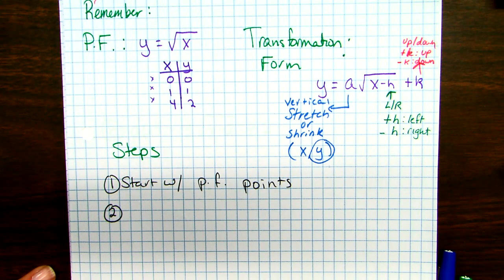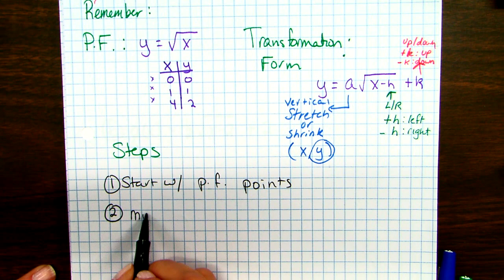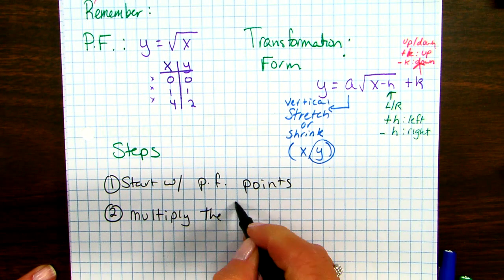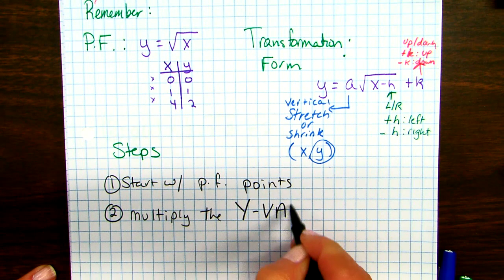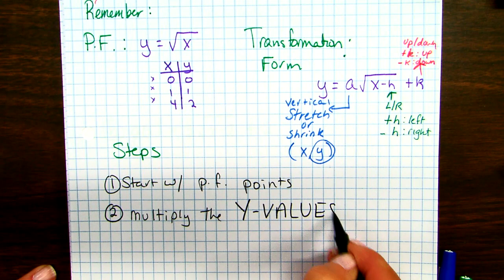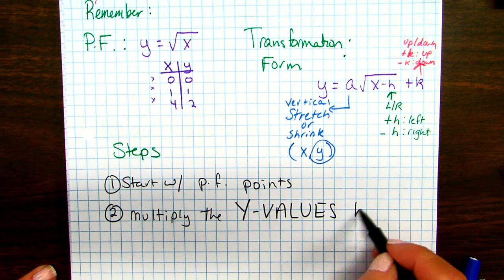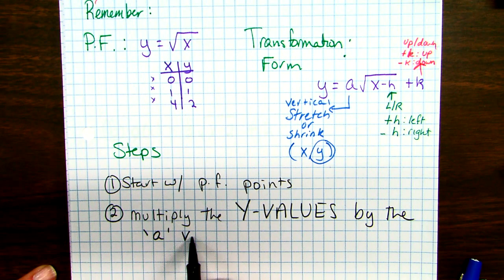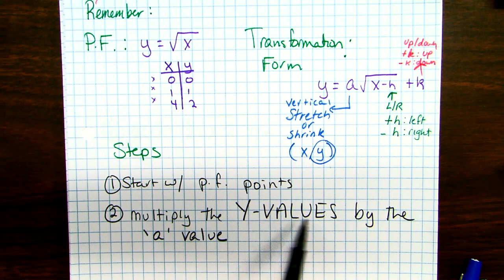Don't worry, I'm just getting all the notes out of the way. Start with the parent function points. And then what we do then is multiply the y values by the a value.